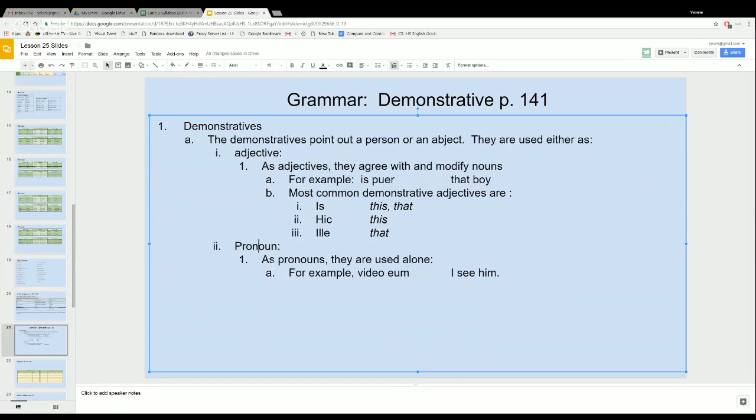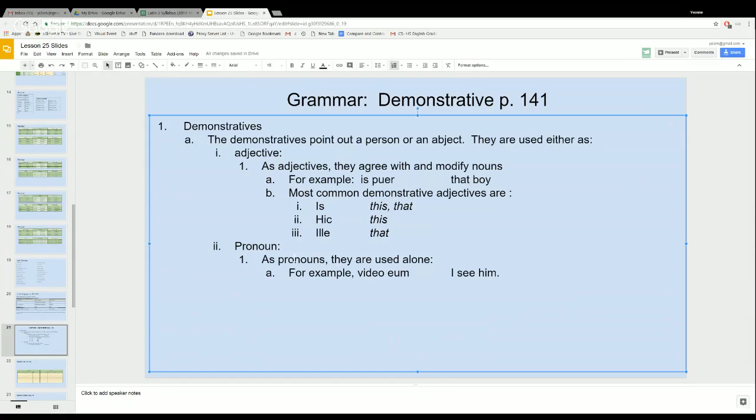Now, the other way demonstratives can be used is as pronouns. You can tell the difference if it's standalone, because a pronoun takes the place of a noun. It's not modifying anything. So, video eum, I see him.